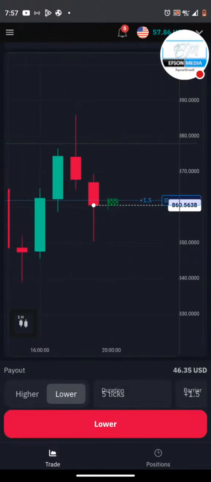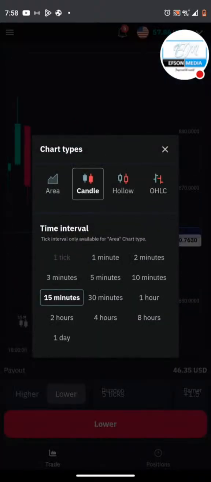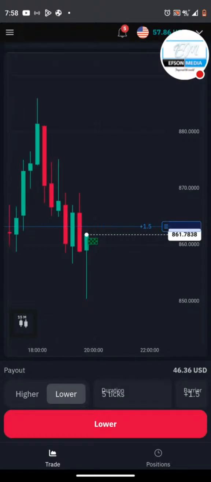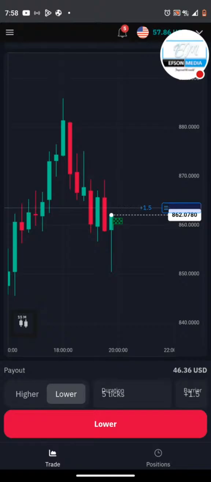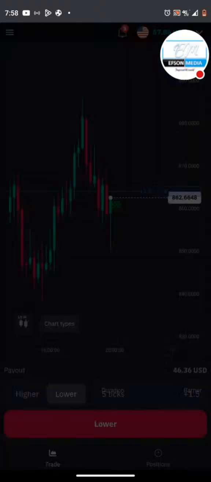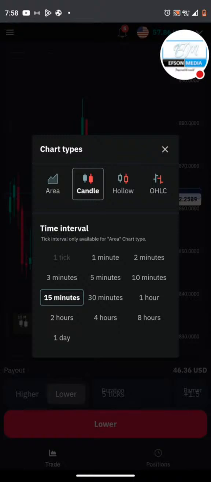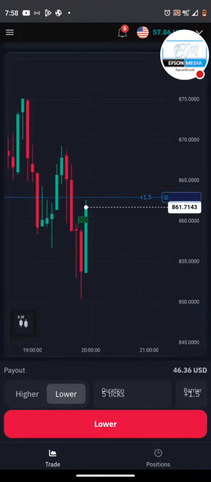So back to our 15 minutes. It's 7:58. You have just some time to see if there's a pullback. 15 minutes indicate a pullback. So now the market is changing to upward direction.